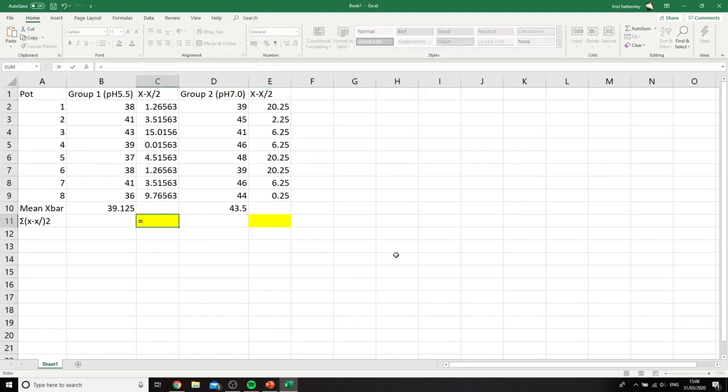So equals sum, open bracket, click and drag. So you're telling it to add all those numbers together. Same on this side.